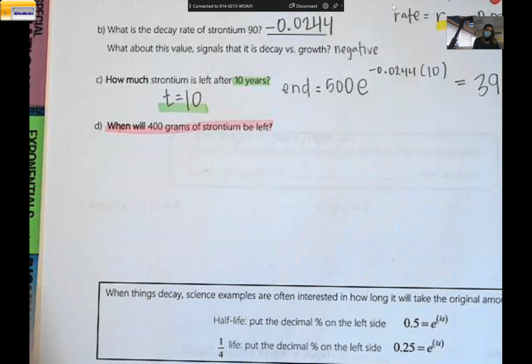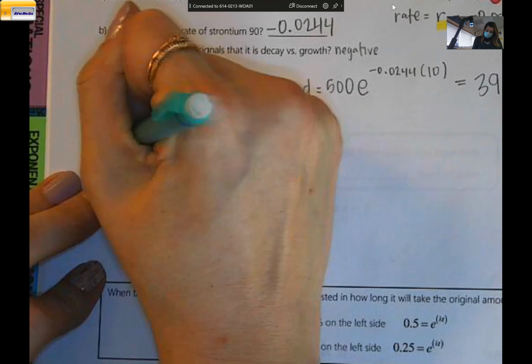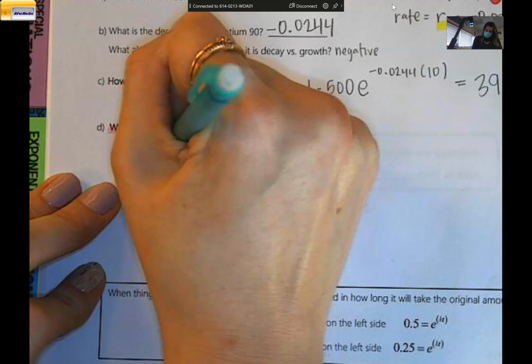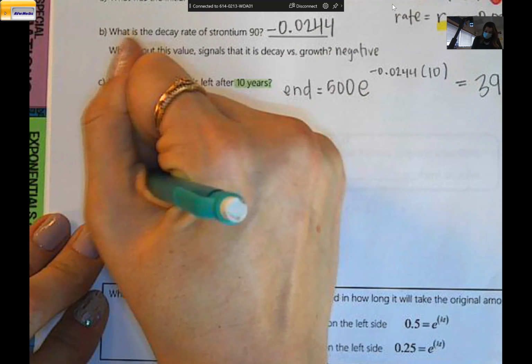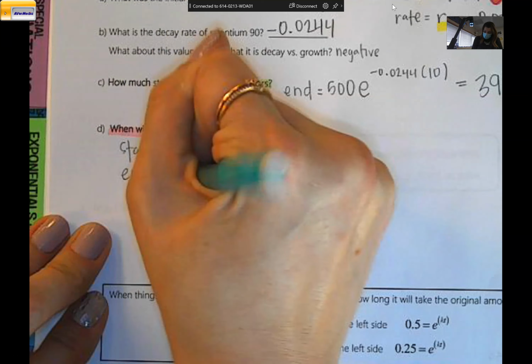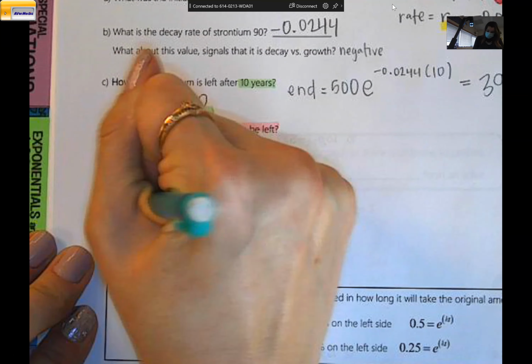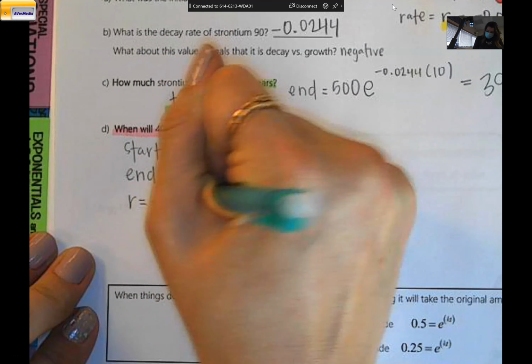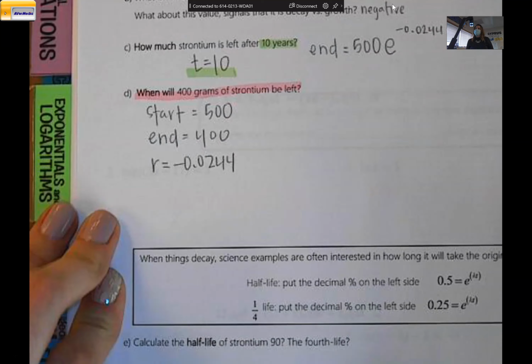So here's what we now have. We have a starting amount of 500 and an ending amount of 400. The rate is still 2.44%.